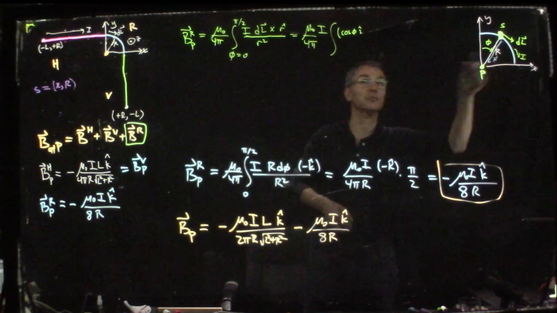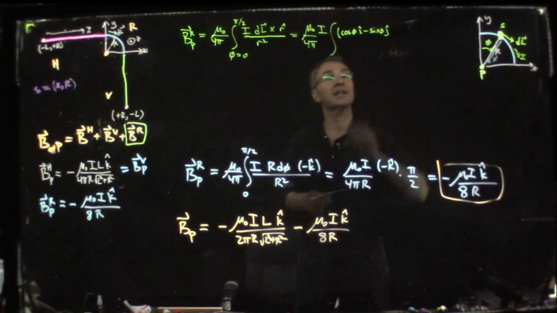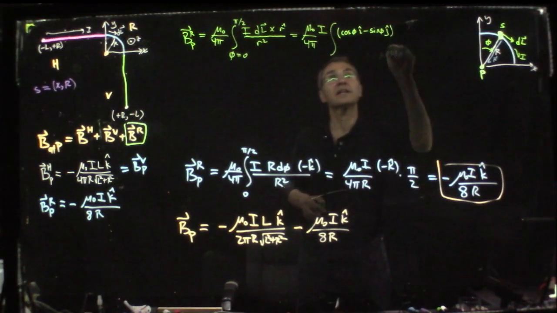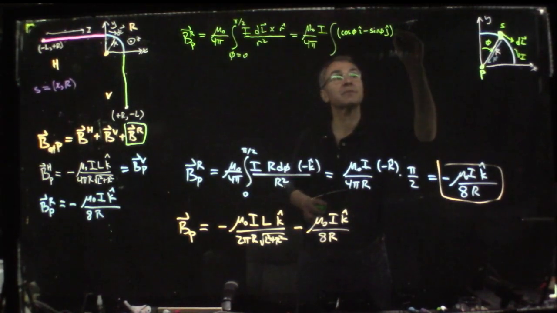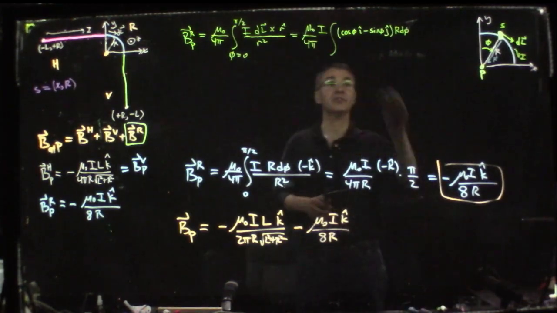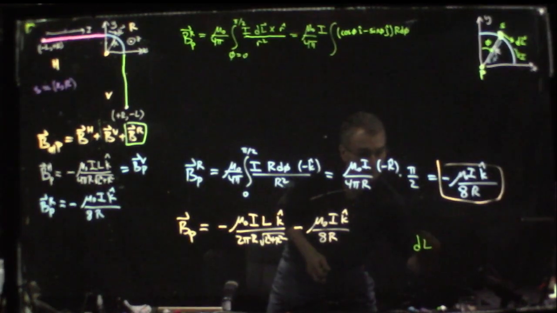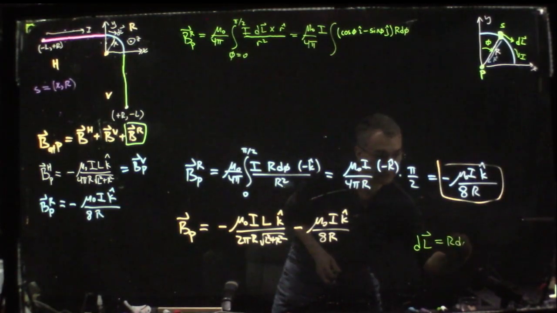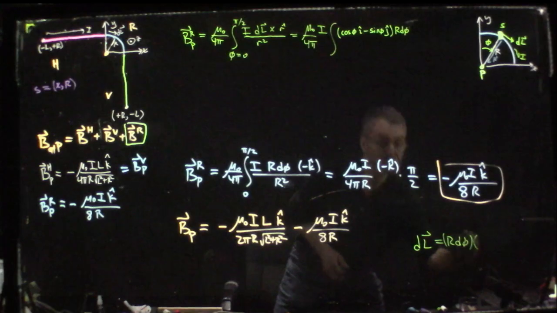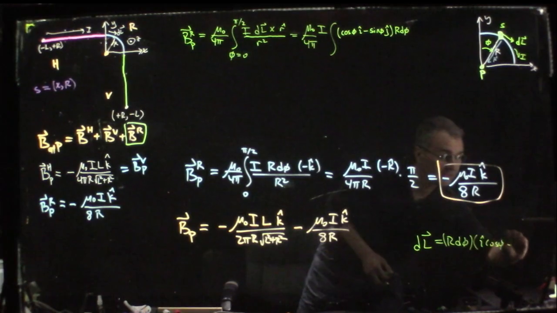I get the sine phi term, so this is minus sine phi j hat. And then it's times r d phi, my unit of length for dl. So everything I wrote so far is just the dl vector. So dl is r d phi times i hat cosine phi minus j hat sine phi.